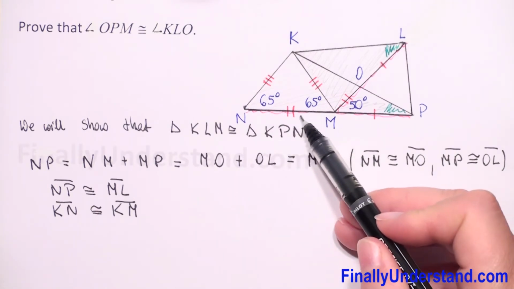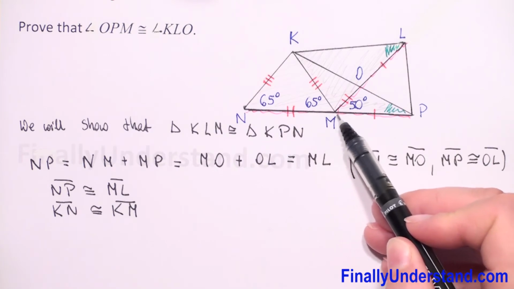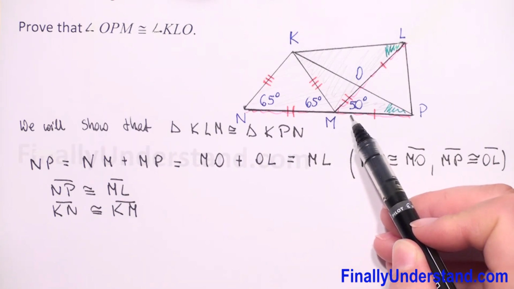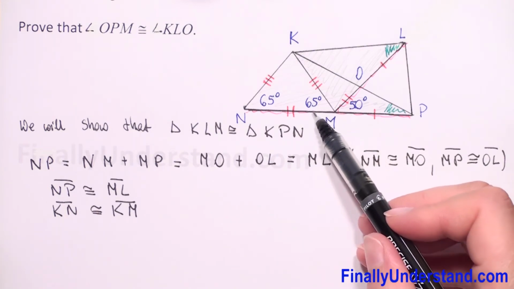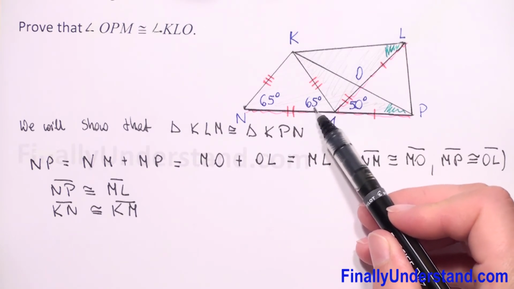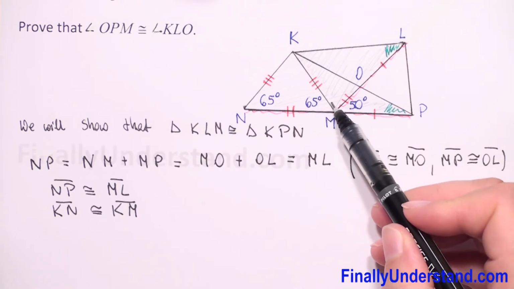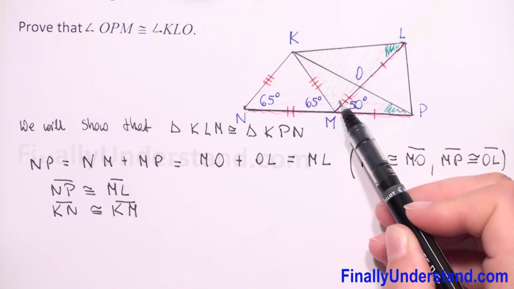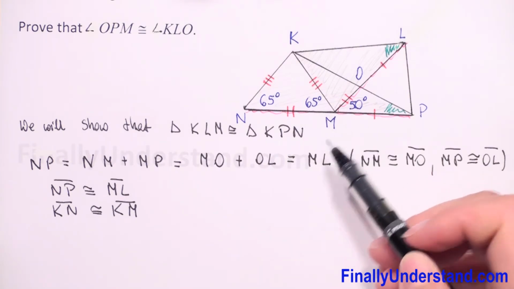What else? We have given that angle N has 65 degrees. And here we have straight angle. Straight angle has 180 degrees. And we have given this part of this angle and that. So we can calculate this angle, because this angle is straight angle.